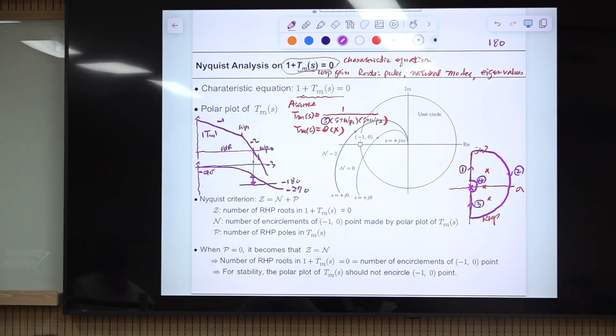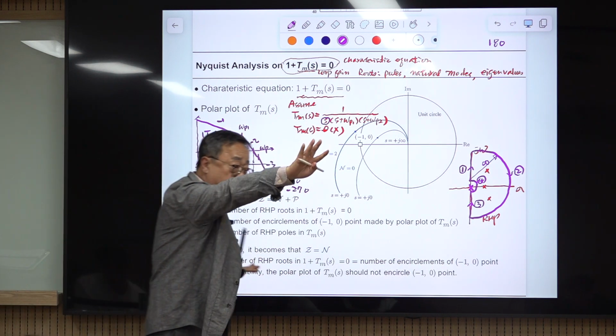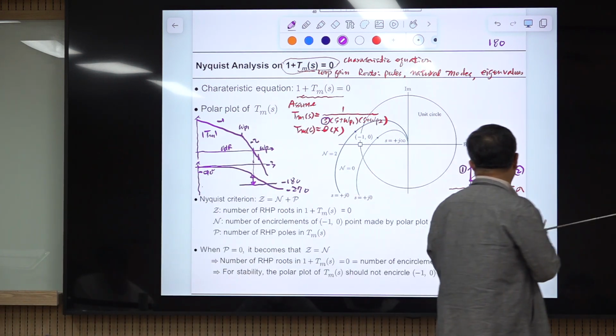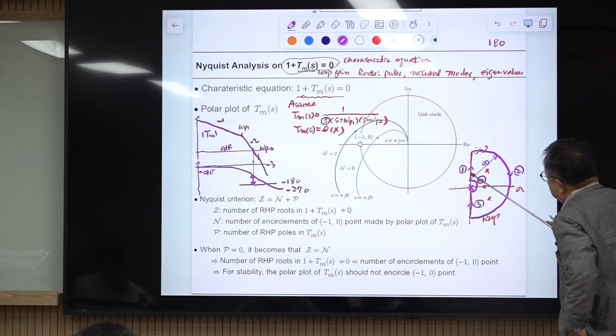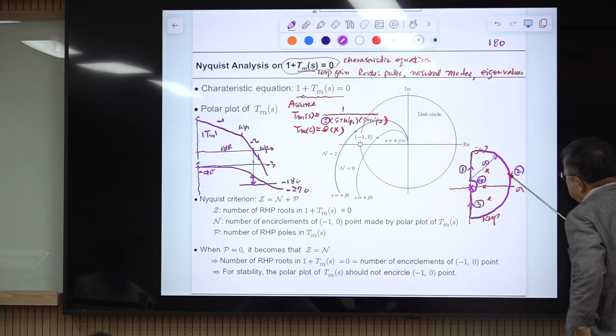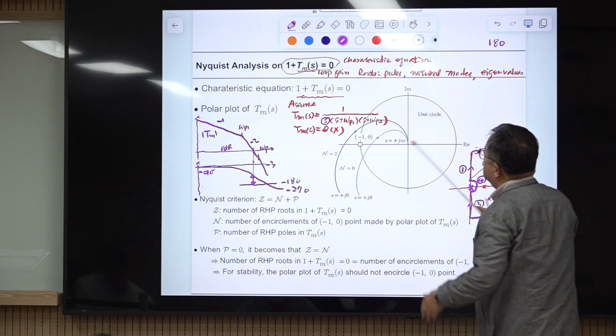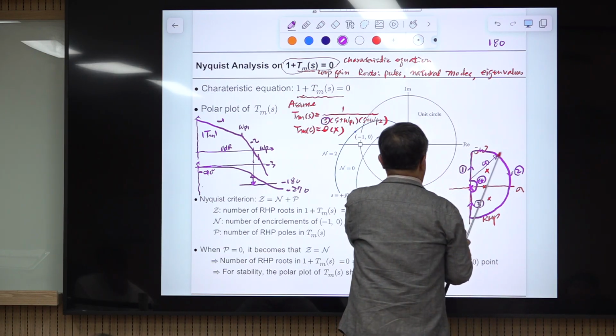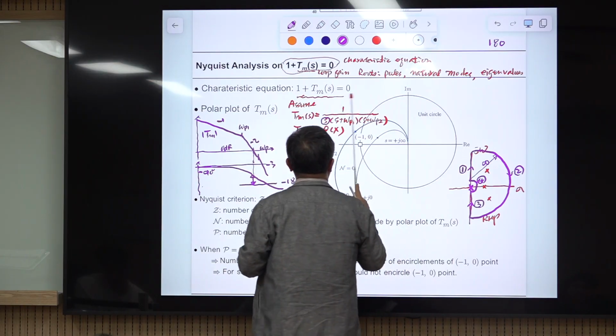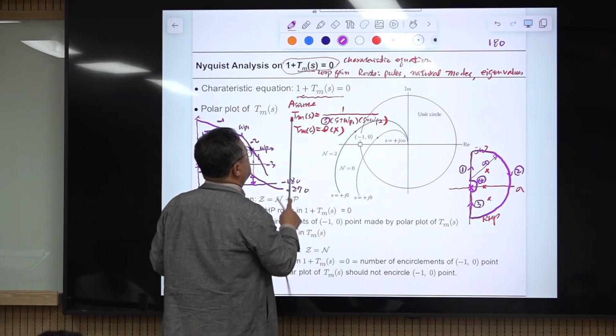The radius of this semicircle is infinity. That means it encompasses all the RHP of the S-plane, and we travel the contour of this, and this, and this, and we map along this S variable through this equation.